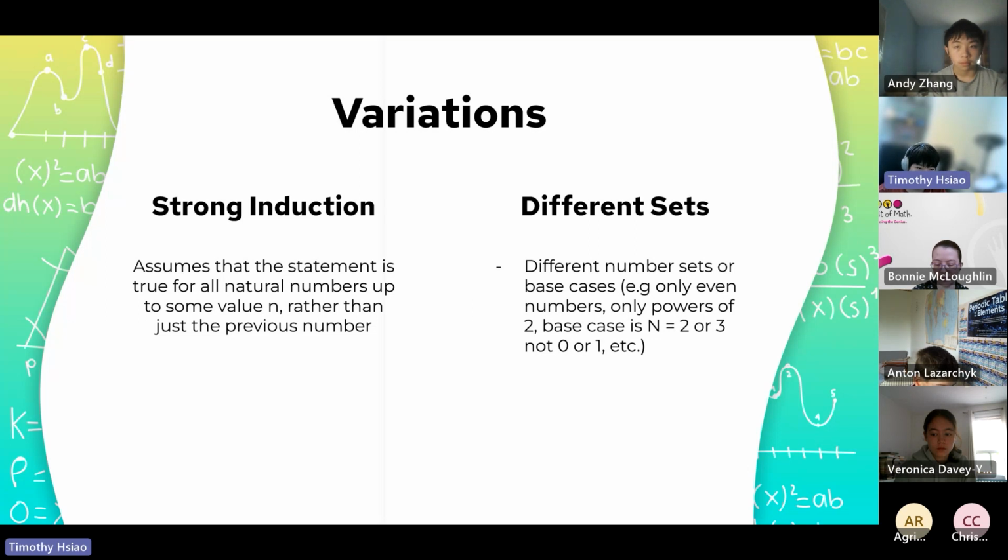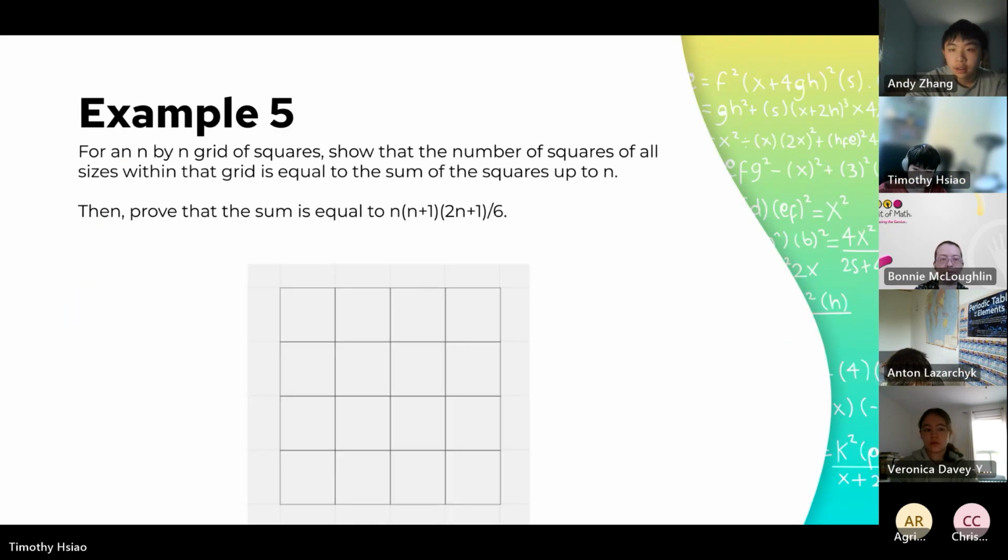And for different number sets or base cases, as we did, n is not just equal to 0 or 1, it can be equal to 2, 3, or it could be a negative number. So there are a lot of different ways that you could use induction.